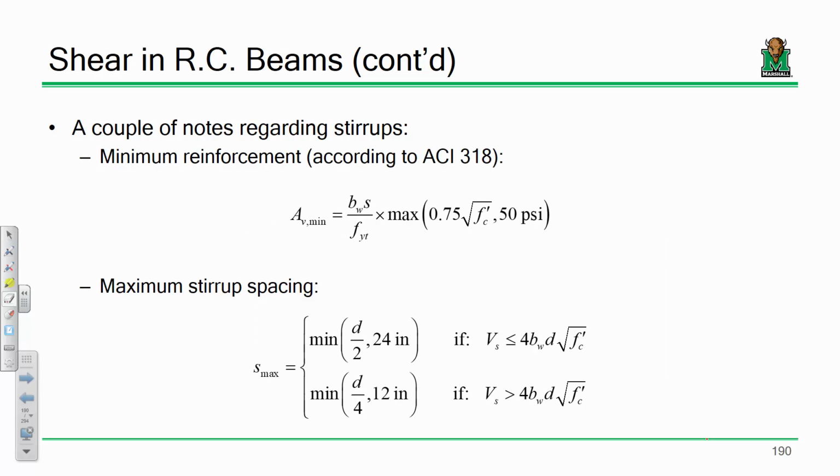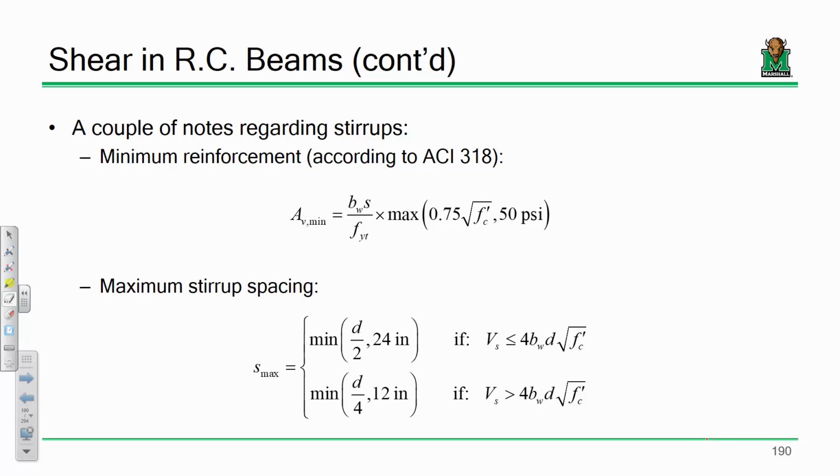Now, a couple of notes regarding reinforcement. Number 1, ACI has some limits on the minimum amount of reinforcement that you can provide, just like they have limits on the minimum amount of reinforcement you can provide for bending. These are minimums for shear. From a design standpoint, we're not really going to compute a minimum Av.